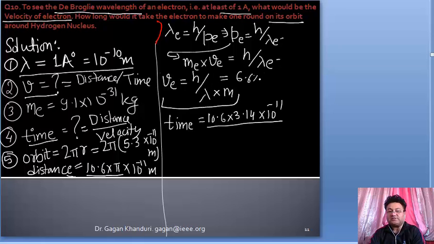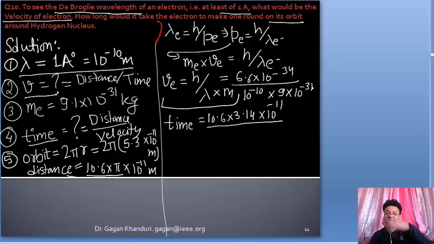So this is 6.6 into 10 raised to power minus 34, that is our h. And lambda is given as 1 angstrom, so it is 10 to the power minus 10, into the mass of electron, 9.1 into 10 raised to power minus 31. So 9 into 10 raised to minus 31 would do.